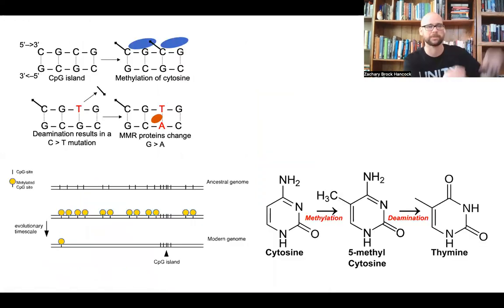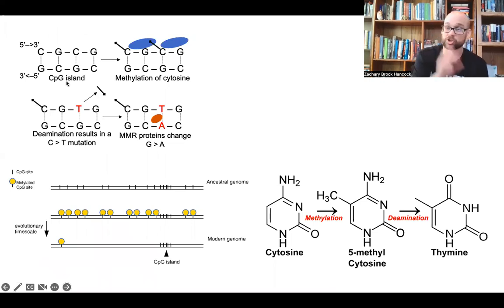Okay, so let's start in this top corner with this little thing here labeled CpG island. What CpG stands for is cytosine phosphate guanine. So you have a C, G, C, G as the 5' to 3' top strand, and then going the other way, you have a C, G, C, G, 5' to 3' going the other direction.